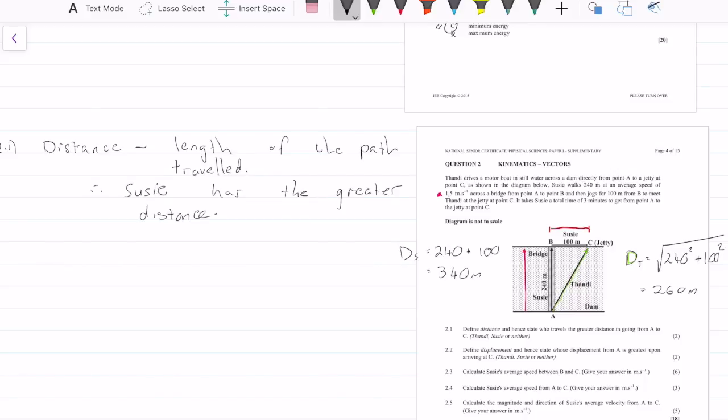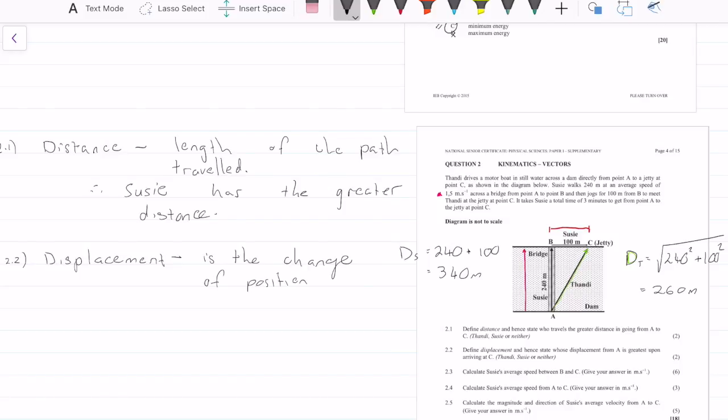Okay, question 2.2 says we have to define displacement. So what is displacement? Displacement is a vector and it is the change of position.